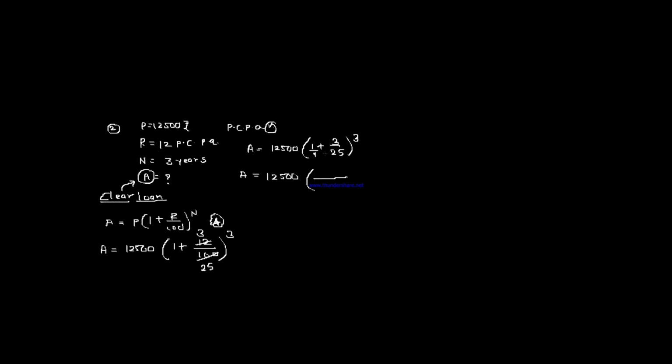Follow this: 25 ones are 25, cross 25 ones are 25, and here cross 1 3s are 3. So this is what we are getting over here. Then A is equal to 12500 into, inside this bracket, 28 upon 25, the whole cube.